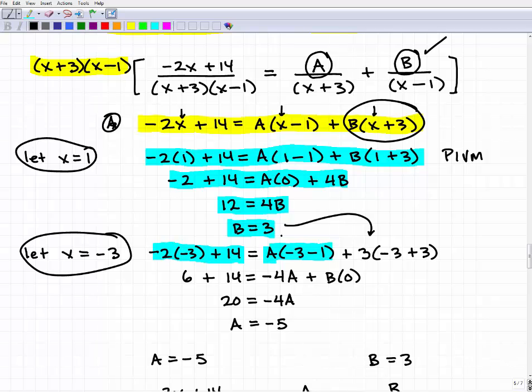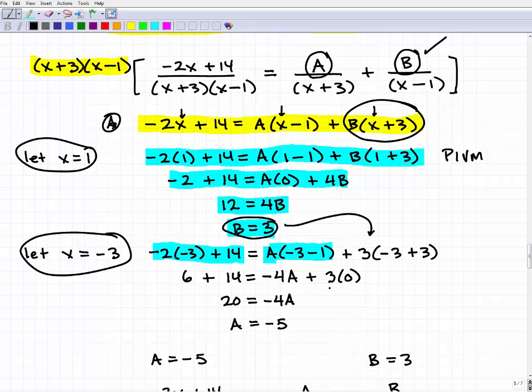I wanted to show you that that is the b term, but we're going to write 3 going forward. It doesn't make a difference because it's going to be 3 times negative 3 plus 3, which is 0. So 3 times 0 is 0. It goes away, but I want you to understand that at this point we know what the value of b is, so you need to replace that going forward.